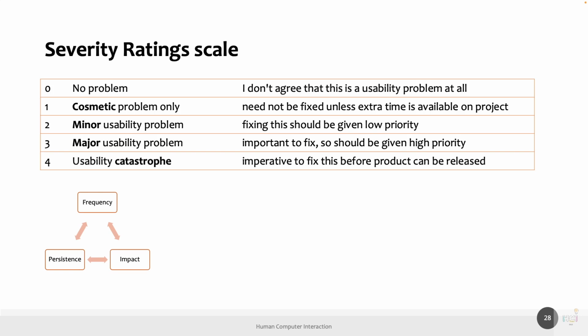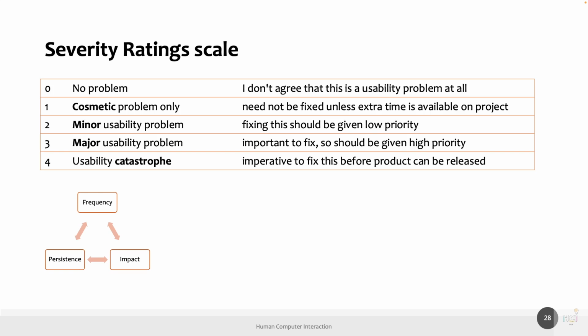Then there is rate 2, minor usability problems. So fixing this should be given low priority. Please, design team, start with obviously the high priority ones, and then try to fix the low priority. 3, major usability problems. These instead are very important to fix, so should be given high priority.